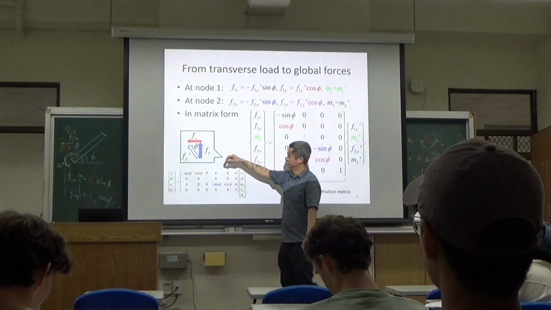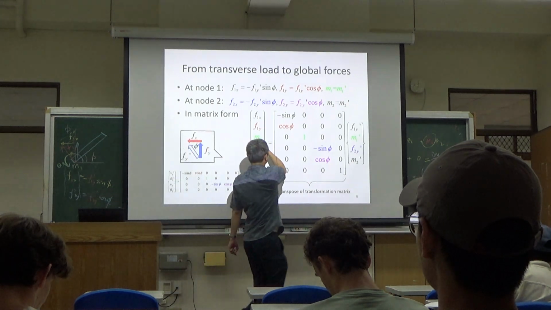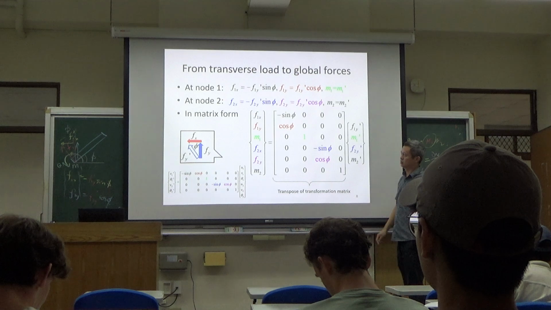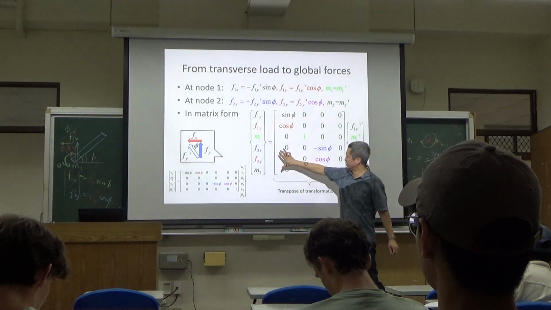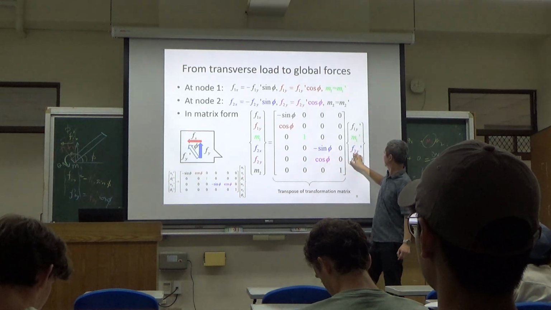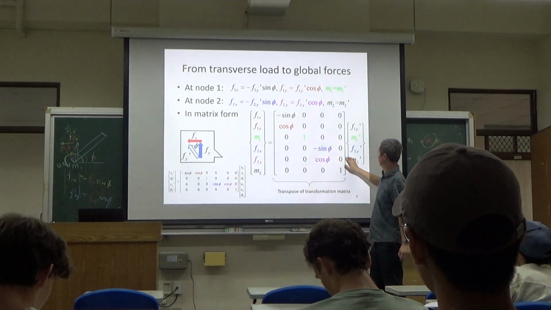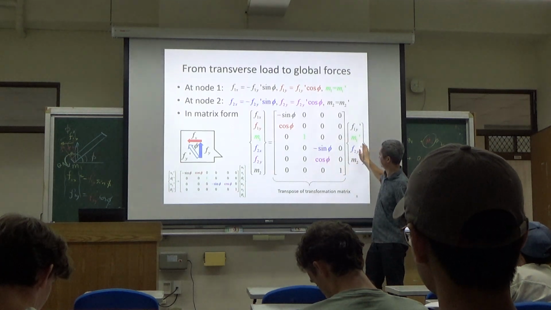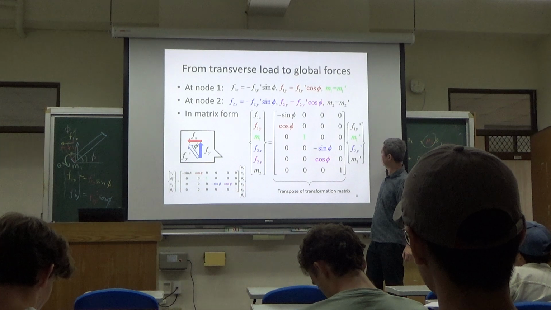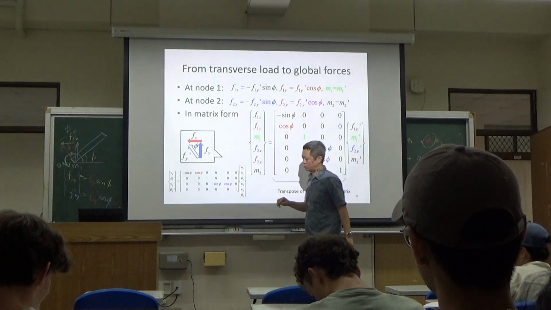Moment on that angle will change. So it is N1 and N1 prime. Okay? So likewise for the second node, you do the same. Okay, minus sine phi F2y prime is equal to F2x. And then cosine phi F2y prime is equal to F2y. And the moment on the second node, F2, don't change. It's equal to F2 prime.